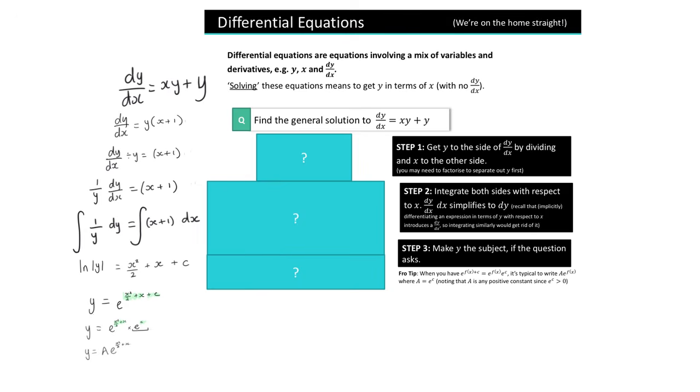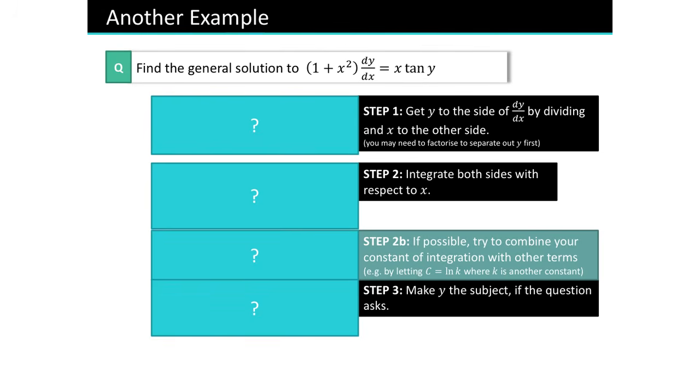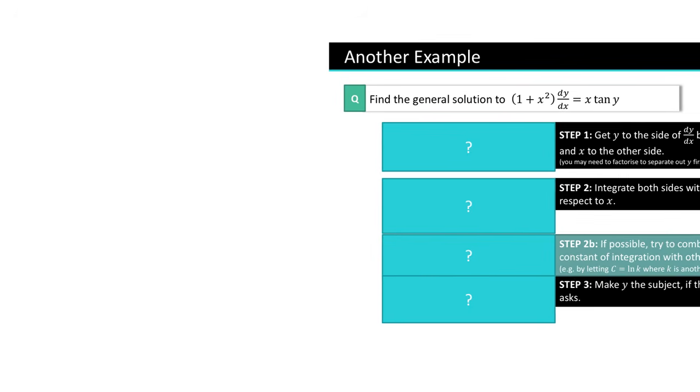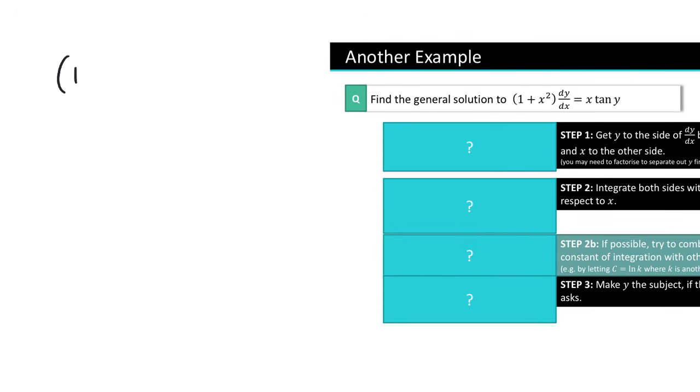We've done it. So here's another example. I have 1 plus x squared dy by dx equals x tan y. Some of you are probably thinking, how do I even know to use this method? It will literally say, find the general solution to this. If you've got dy by dx and you've got y's and x's, you know this is a differential equation.